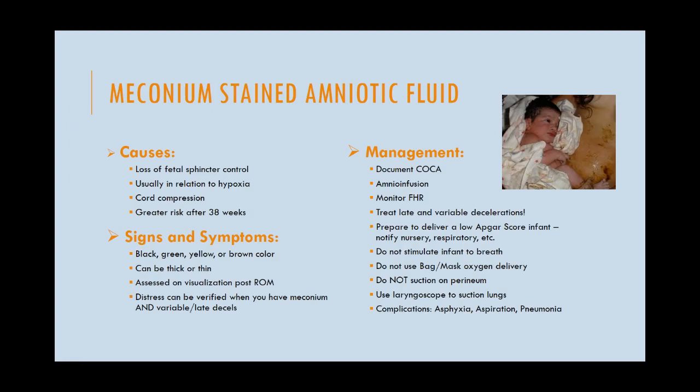Signs and symptoms you might see as the nurse are black, green, yellow, or brown colored amniotic fluid. You know, amniotic fluid should be clear. If you see that it has any of these other colors in it, then you've got some meconium. Meconium can be characterized as thick or thin, and you assess this visually after membranes have ruptured.